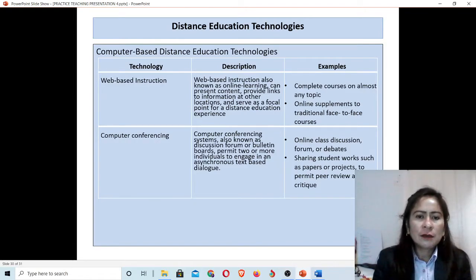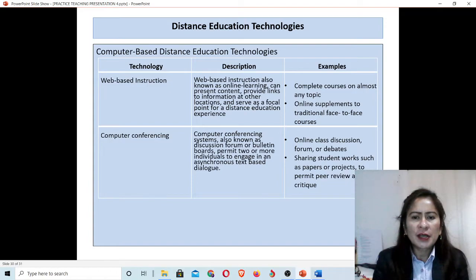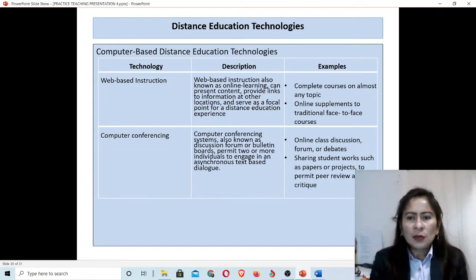Web-based instruction, also known as online learning, can present content, provide links to information at other locations, and serve as a focal point for a distance education experience. Examples are complete courses on almost any topic, and online supplements to traditional face-to-face courses.